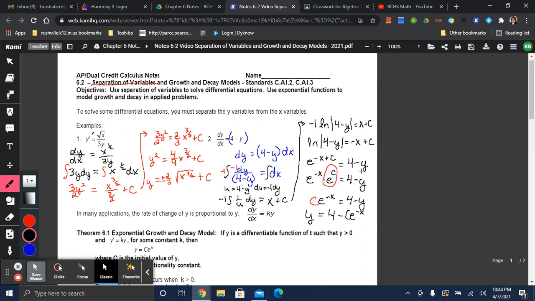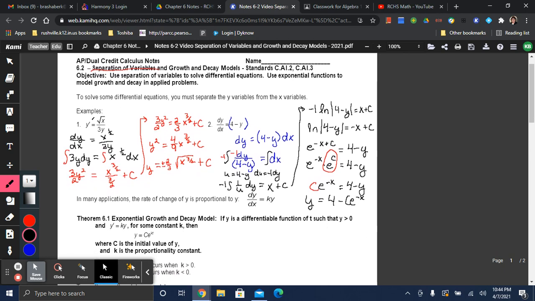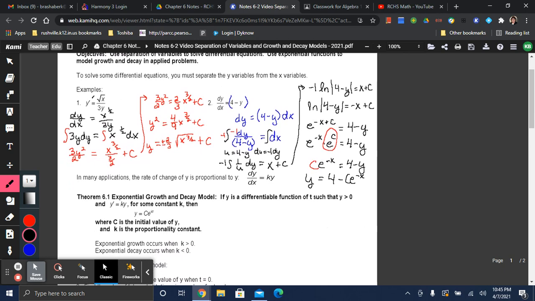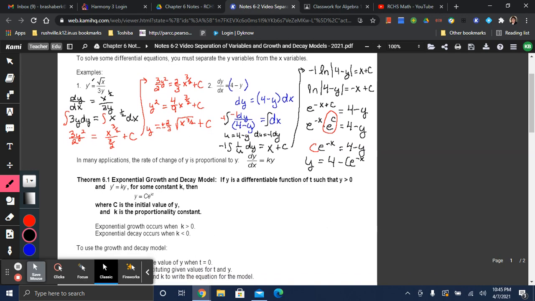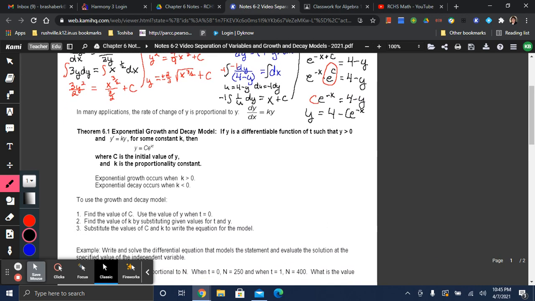Then get the y by itself by converting your e to the constant as your constant c. And so that'll be a way that we will write the solutions to this type of differential equation.